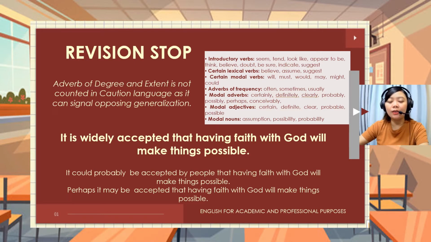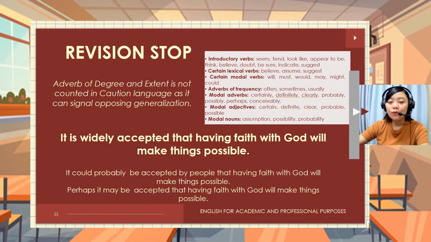Let me reiterate that in caution language, adverbs of degree and extent are not counted, as they can signal sweeping generalization as well. "Widely" is an adverb, you are correct, and the verb present in the sentence is "accepted," meaning "widely" is not an example of a modal adverb because it doesn't modify a modal verb.